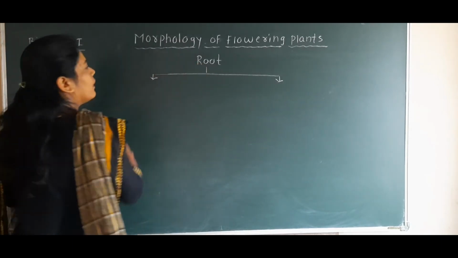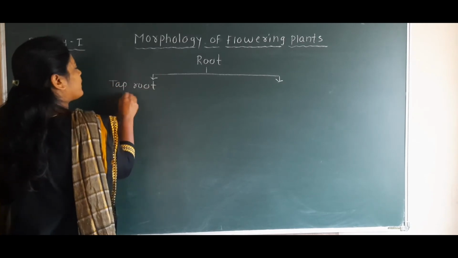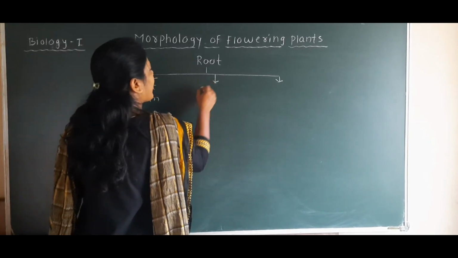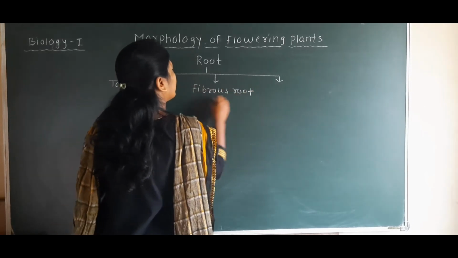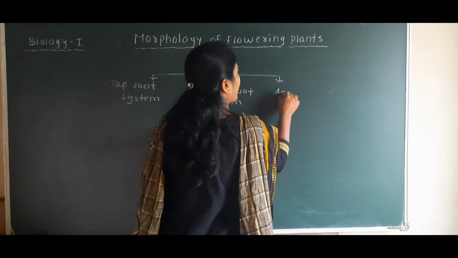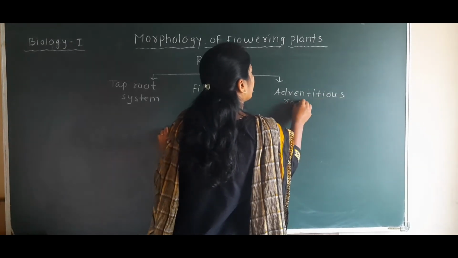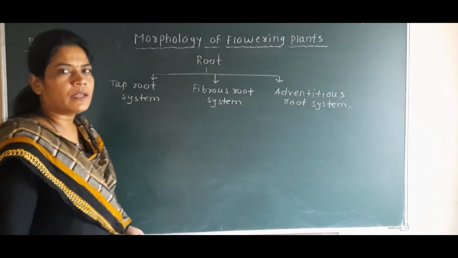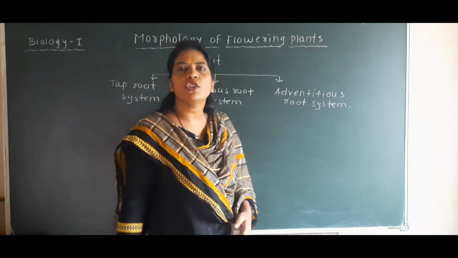See here, the first type of root is called the tap root system. Second type is called the fibrous root system. And the third type is called the adventitious root system. Okay, so here we will discuss taproot, fibrous root and the adventitious root system.